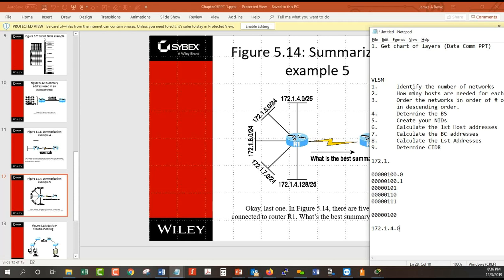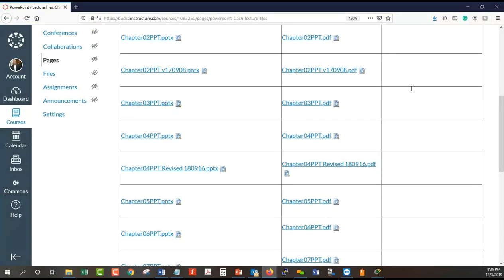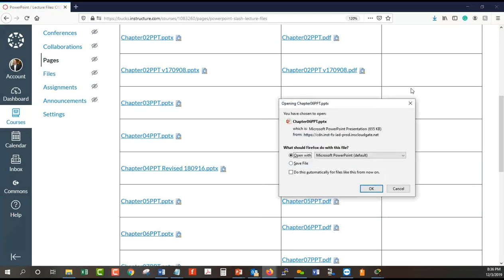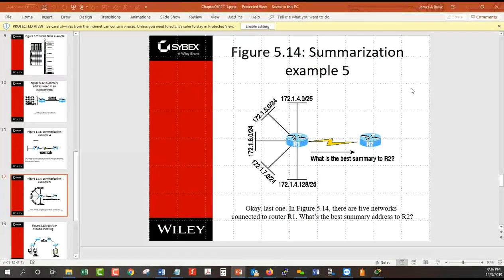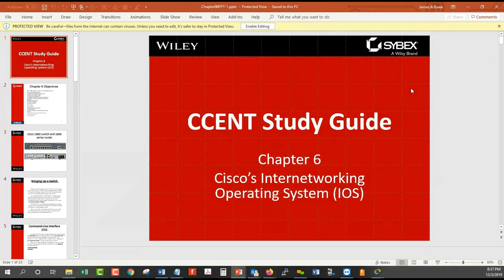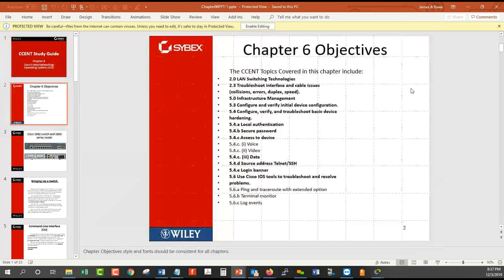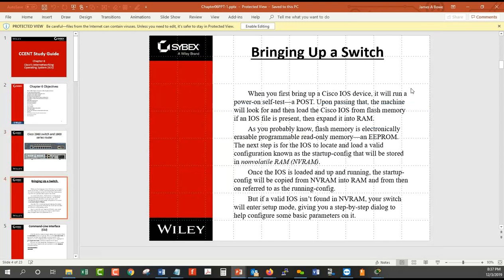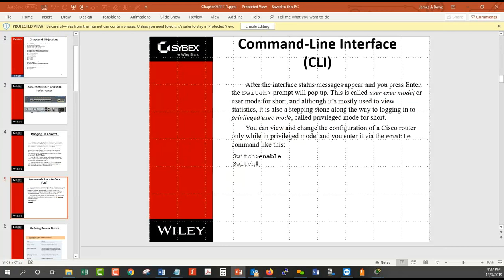Okay. That brings us to chapter 6, and this is Cisco's IOS. Now you know how to configure. You know what the CLI is.